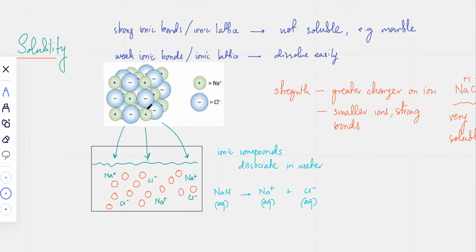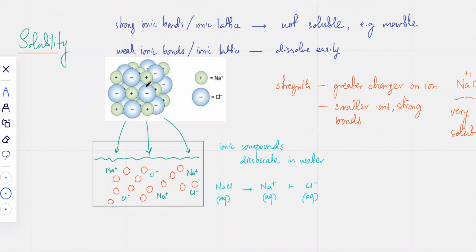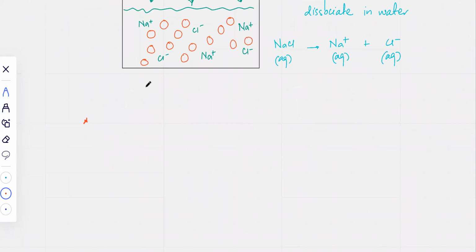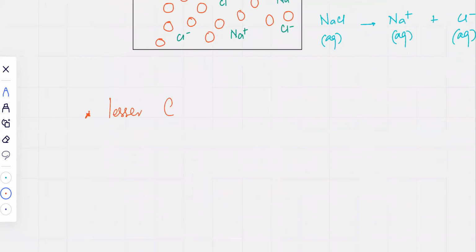What happens when ionic compounds dissolve? So I'm going to write the main point which we just discussed. The main point is lesser charge kind of indicates more soluble.